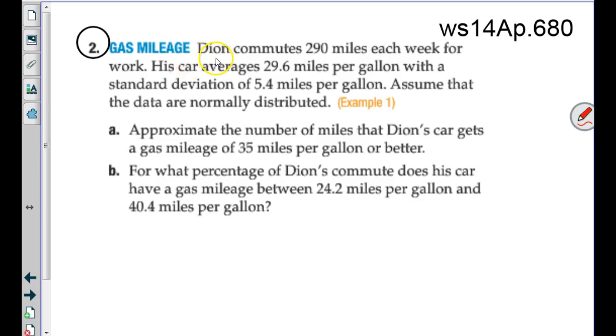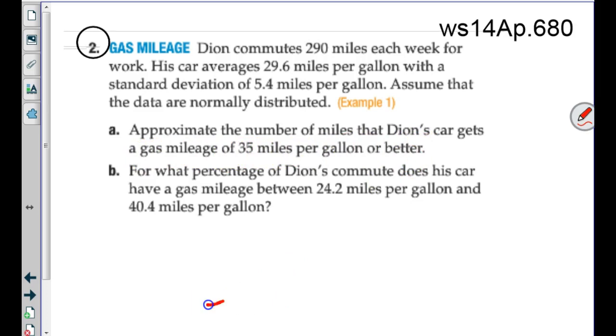It says Dion commuted 290 miles each week for work. His car averages 29.6 miles per gallon with a standard deviation of 5.4 miles per gallon. Assume the data are normally distributed. Approximate the number of miles that Dion gets a gas mileage of 35 or better.